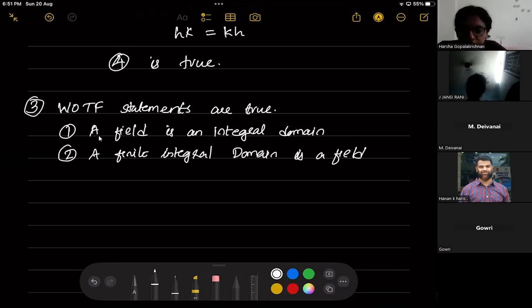The first statement says that a field is an integral domain. And the second statement says a finite integral domain is a field.